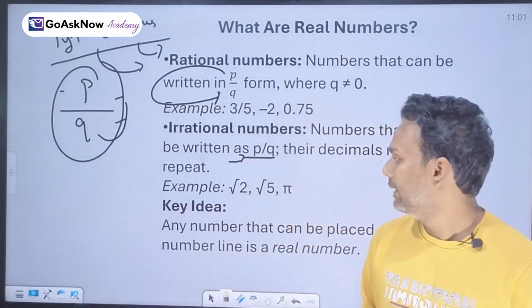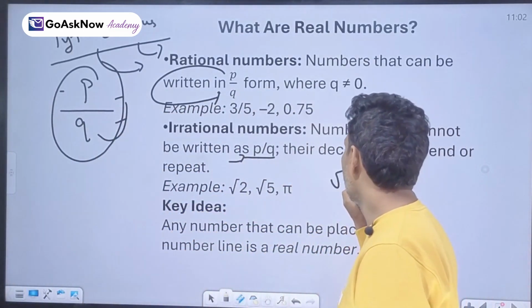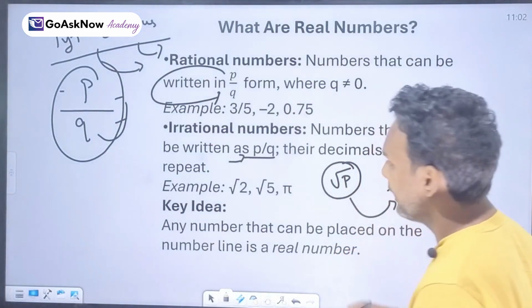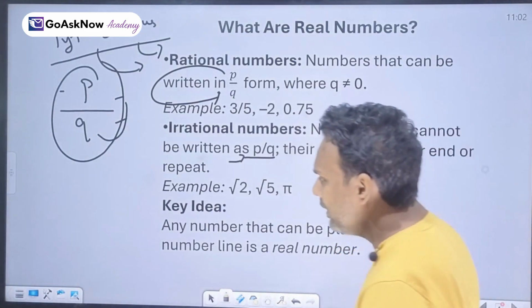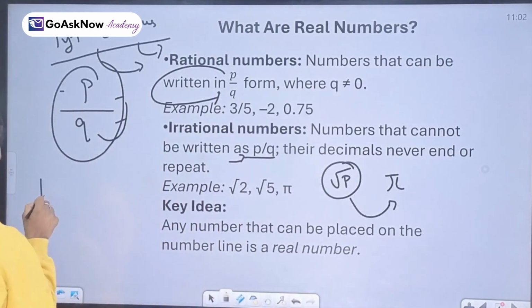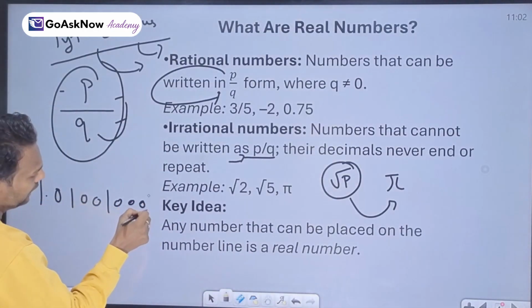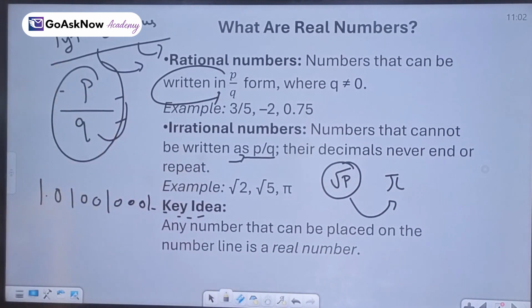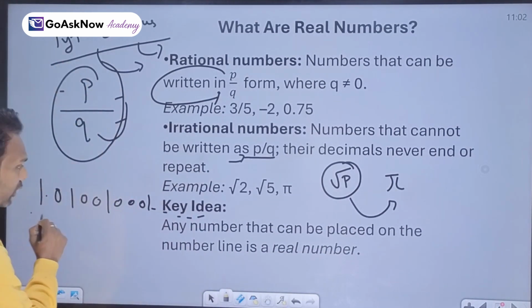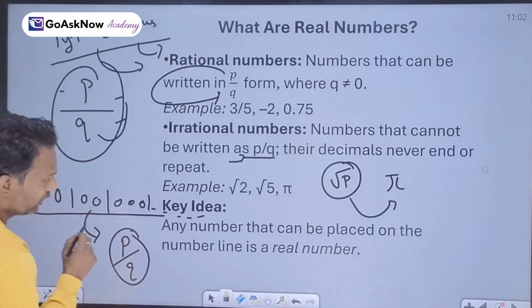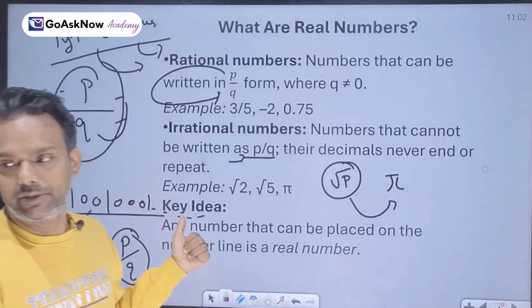That means that any number in the form of root of a prime, or pi, these all are irrational numbers. Or we can write any random number like 1.010010001 and go on. Okay, so we also cannot write this number in the form of p by q. So this is also an irrational number.